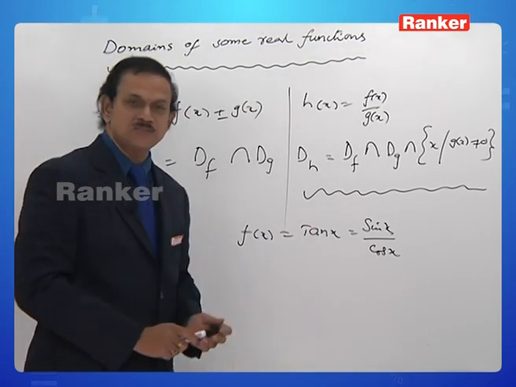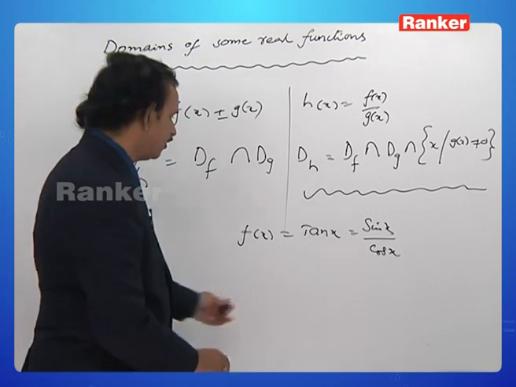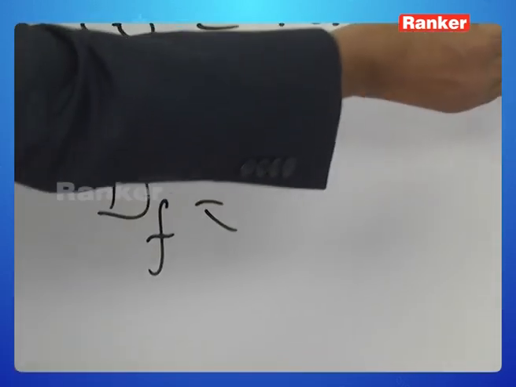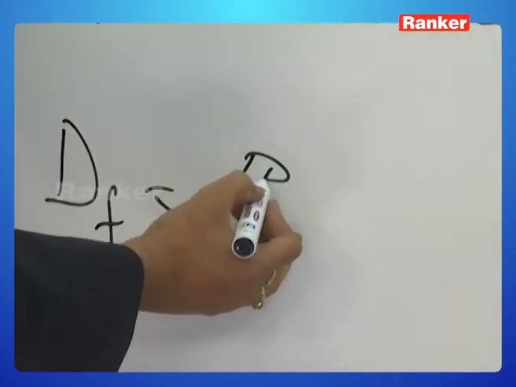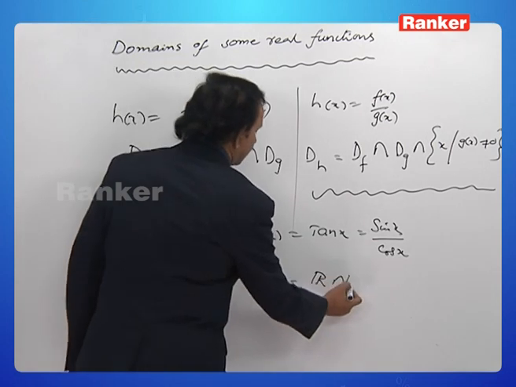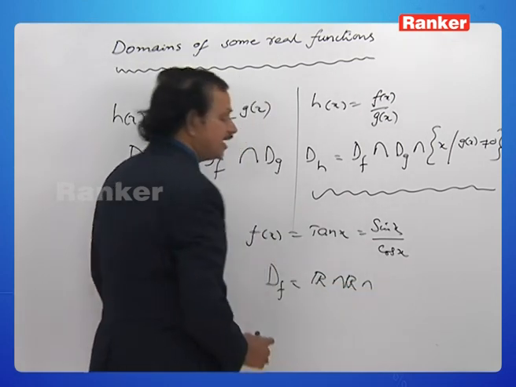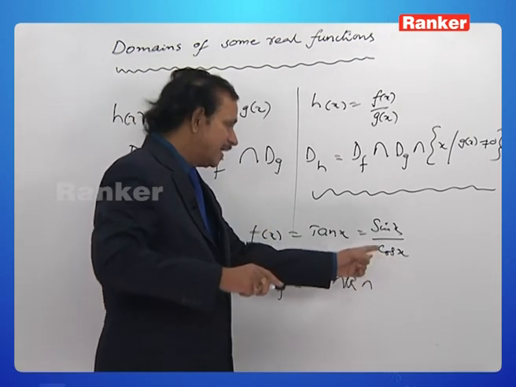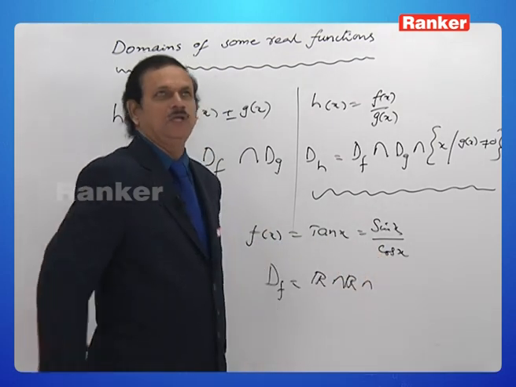What is the domain of cos x? The set of reals. So, to have the domain of f, what are the things to be obtained? Number 1, the domain of sin x, R, intersection the domain of cos x, R, intersection the set of all those x's which make cos x not equal to 0.